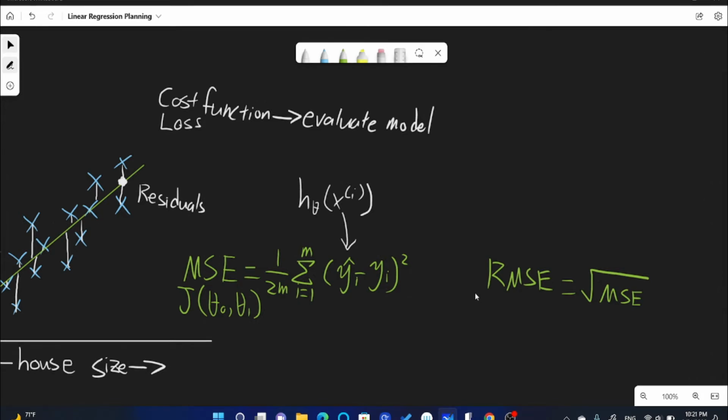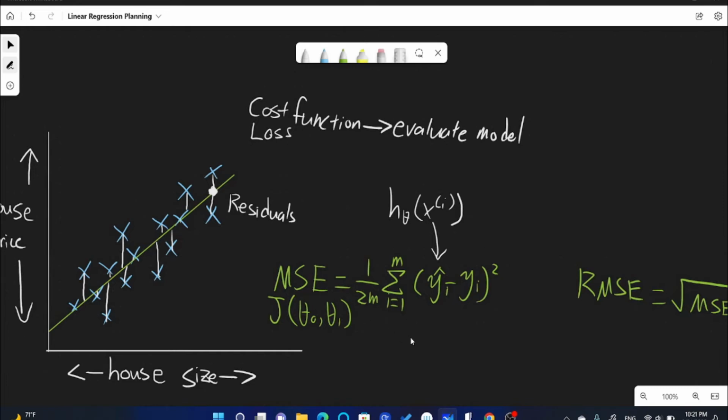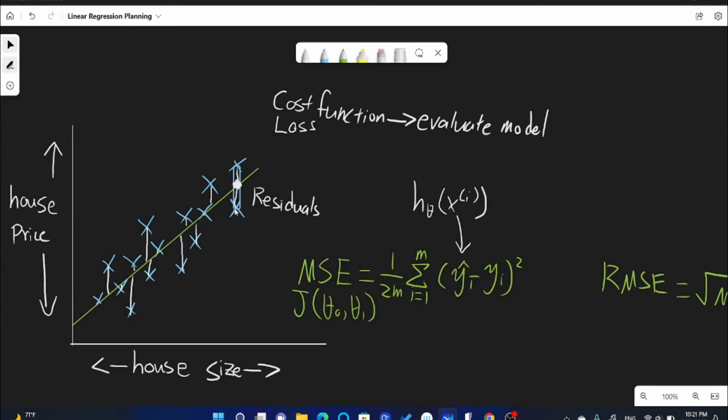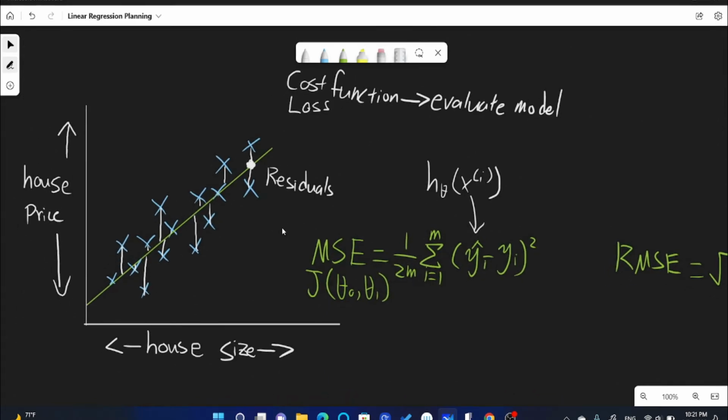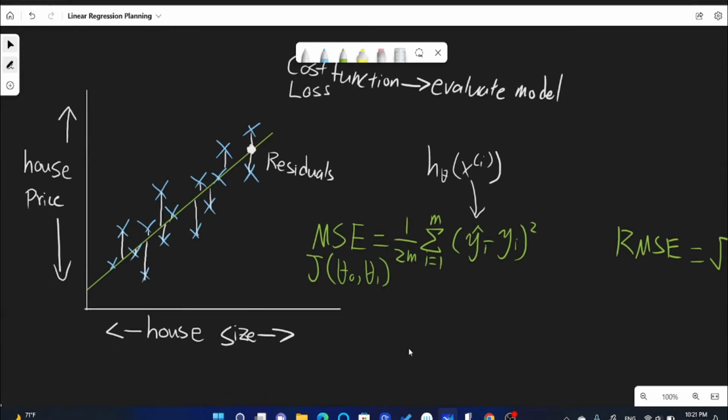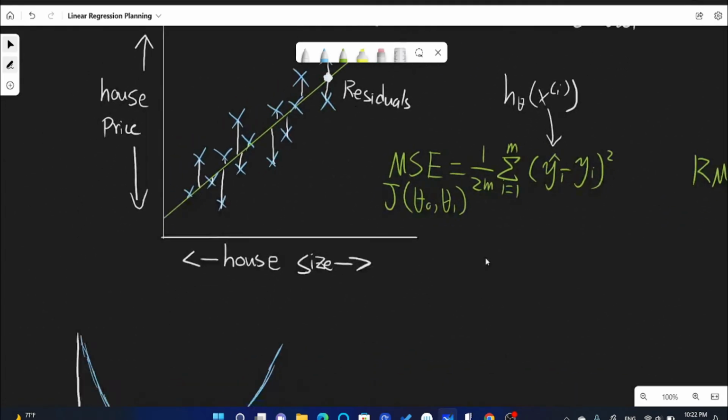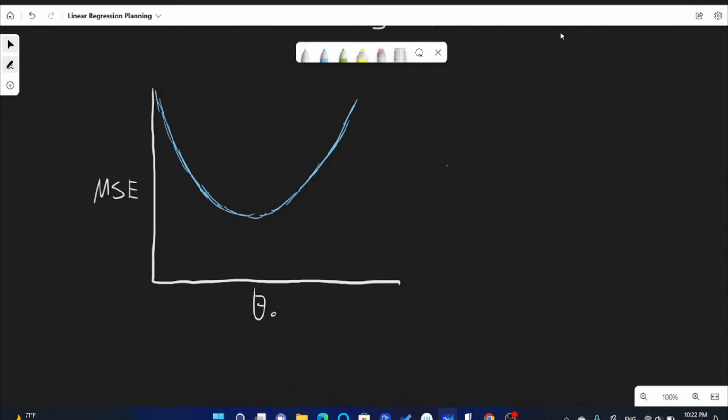Alright, so now let's see, how do we actually optimize this line here? How do we get the best theta values so that our cost function is minimized, right? So that's called something, well, we're going to work with something called gradient descent, right? So we're optimizing theta, right?